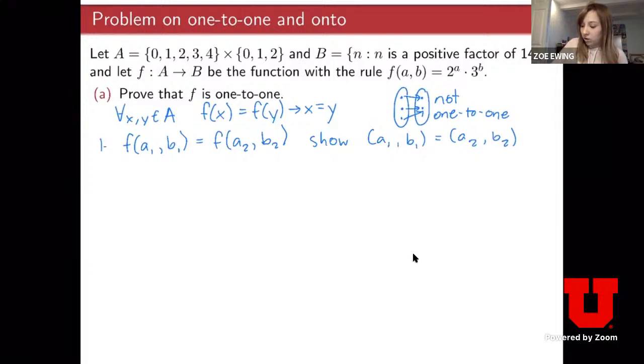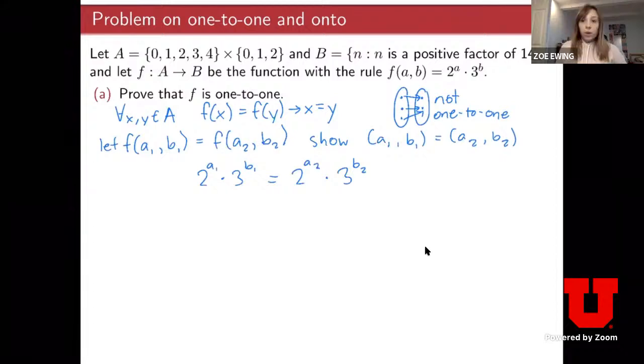Okay, so if we're letting these two be equal to each other, that means that 2 to the a1 times 3 to the b1 is equal to 2 to the a2 times 3 to the b2. Now we remember that we're trying to eventually show that a1 is equal to a2 and b1 is equal to b2.